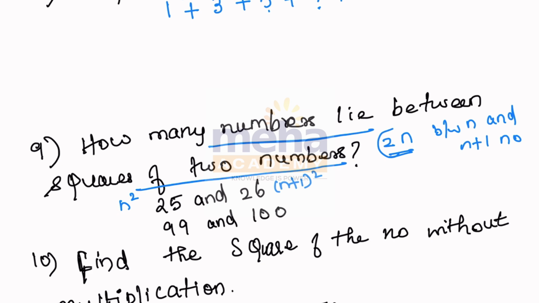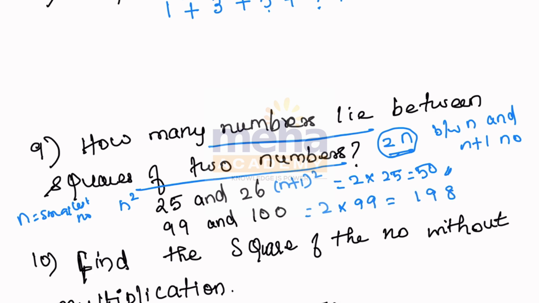So the answer is 2n, where n is the smaller number. So the answer for the first question is 2 into 25, that would be 50. For the second question, 2 into 99, that would be 198.